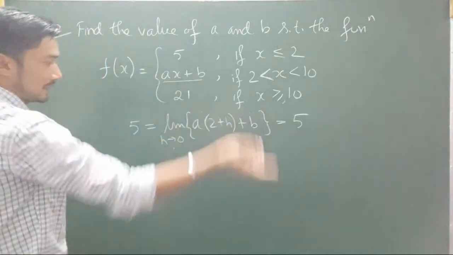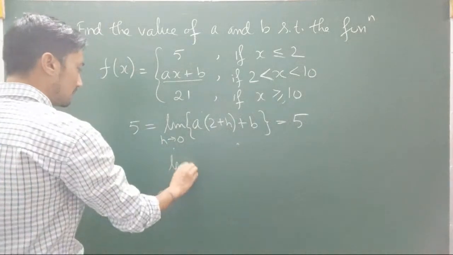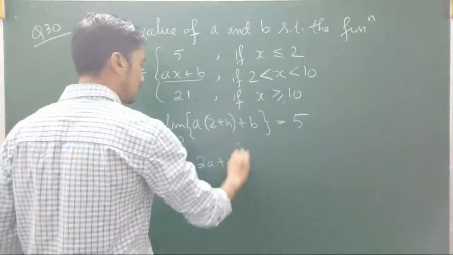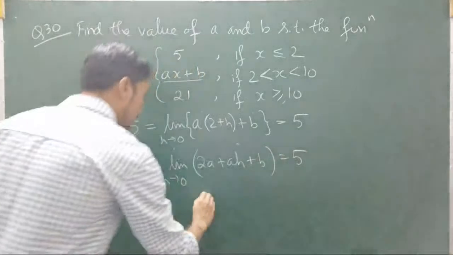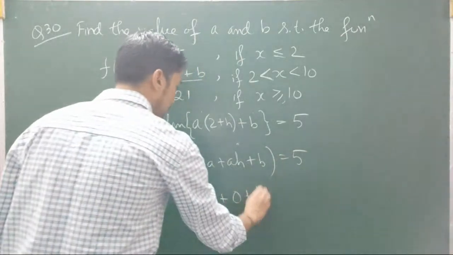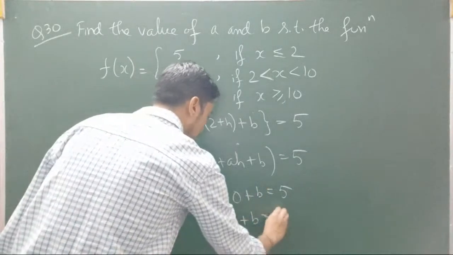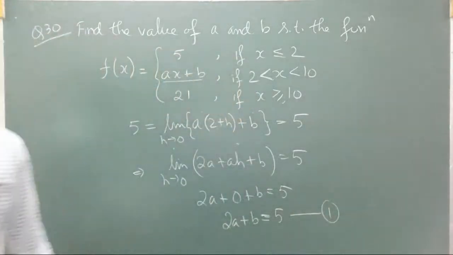So the limit as h tends to 0 of 2a plus ah plus b is equal to 5. So that's going to be 2a plus h times 0, 0, plus b equal to 5. The condition is given to us in the question. We get our first equation, that is 2a plus b equal to 5.